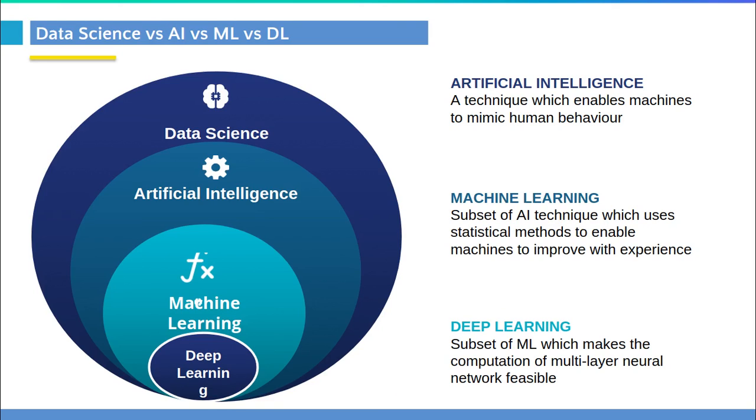Okay, so that's what I was trying to brief, and here I would like to summarize our discussion about data science, where data science is a bigger term in which we have AI, machine learning, and deep learning, and we apply statistics and computer programming to achieve the business objective.